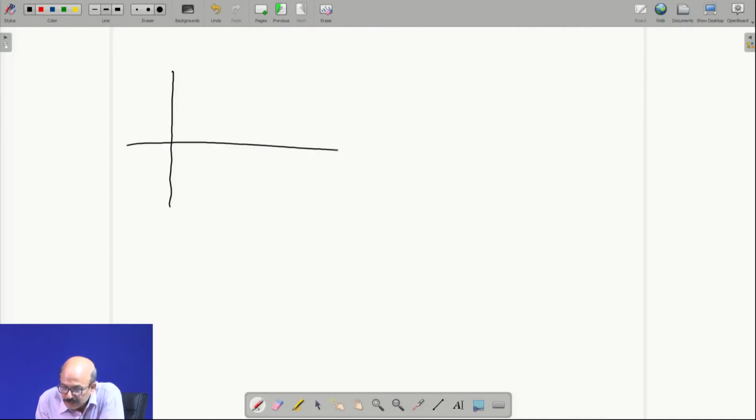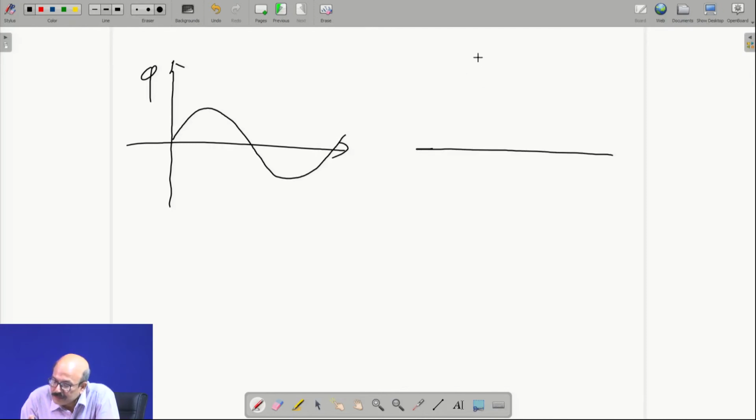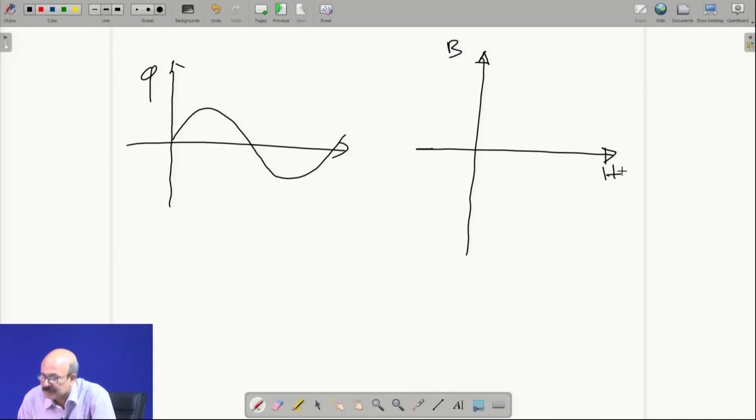So, what we do here, this is our flux phi, and we can always think this is B and H, the BH characteristics of the material.